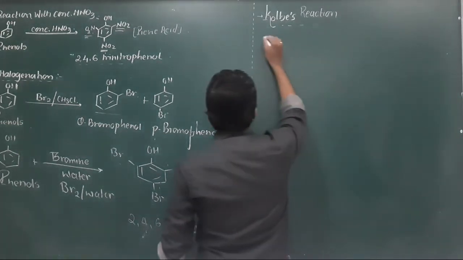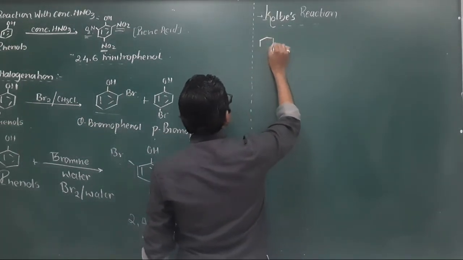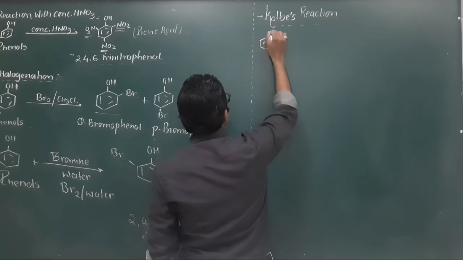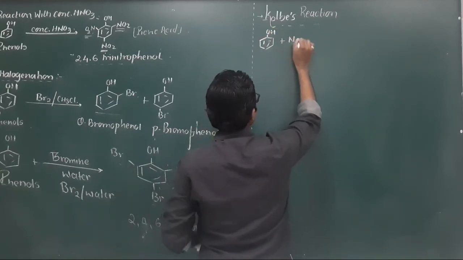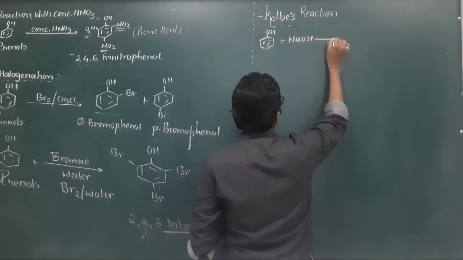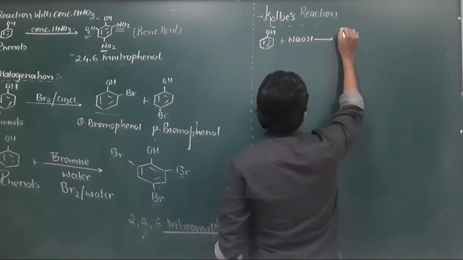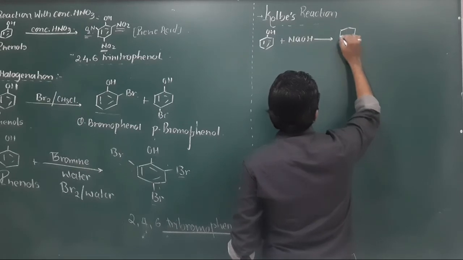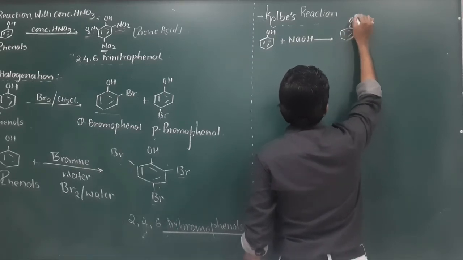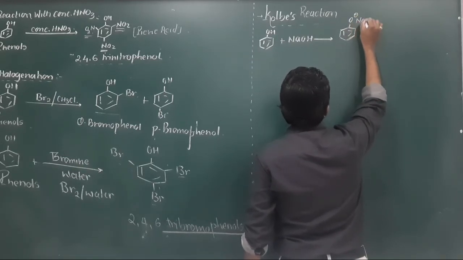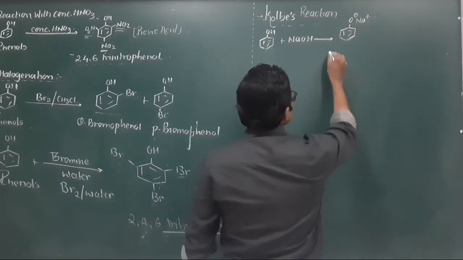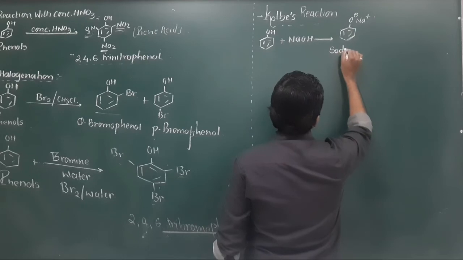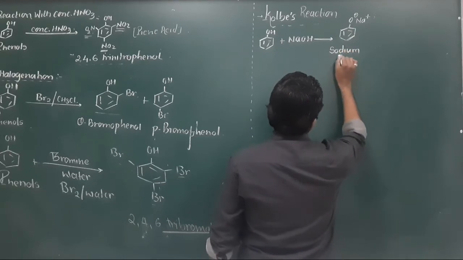So in the first case, the phenol is treated with sodium hydroxide to yield sodium phenoxide, O minus Na plus. So sodium phenoxide.